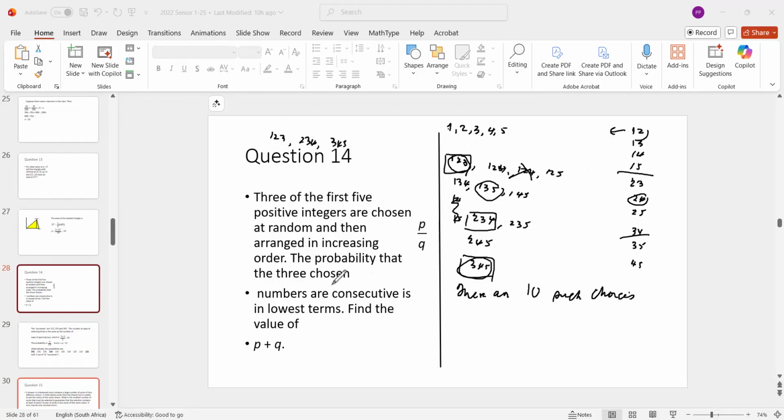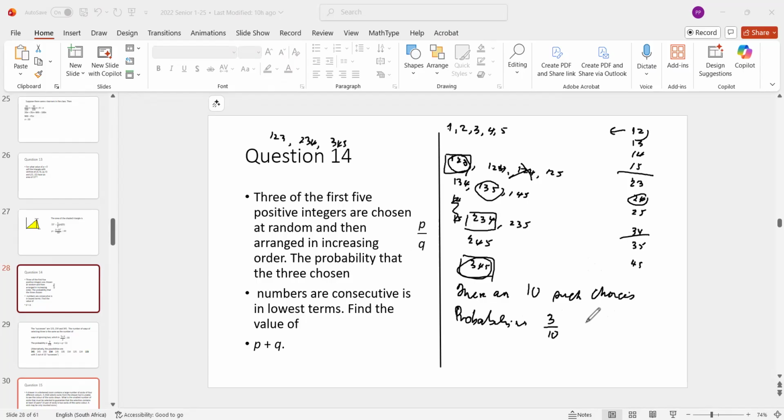The probability that the 3 chosen numbers are consecutive is 3 out of 10, because there are 10 possible ways, and only 3 of them satisfy this business of being consecutive.